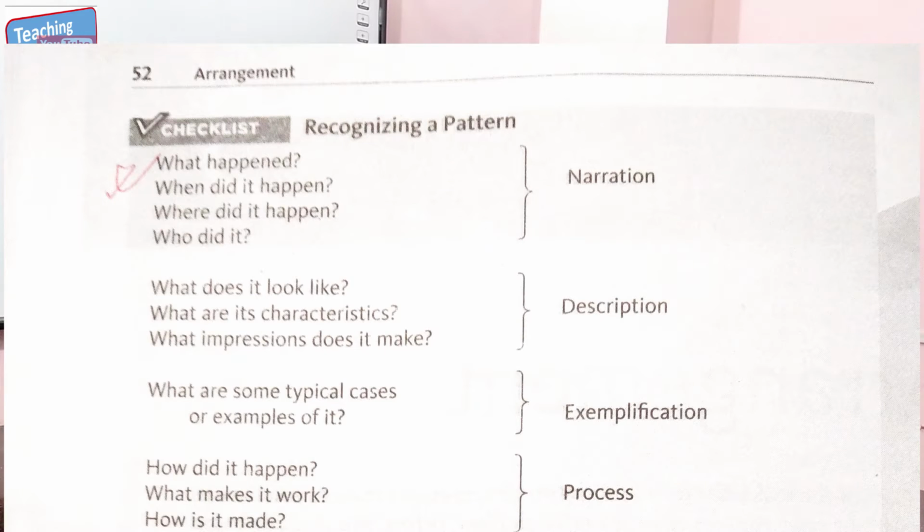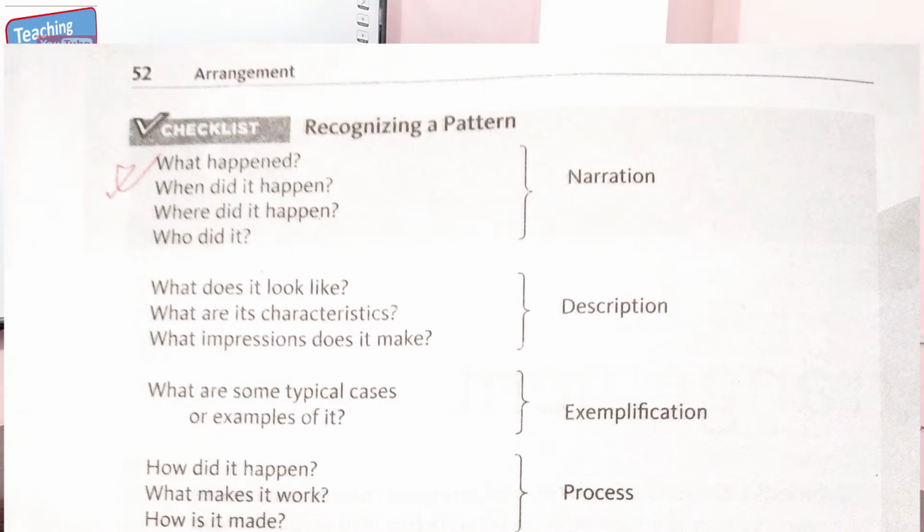When we go for process writing, we are dealing with questions like how did it happen, the process of events, something happened, but how it happened, and what makes it work, what are the processes and how are they arranged, how it works, and how is it made.